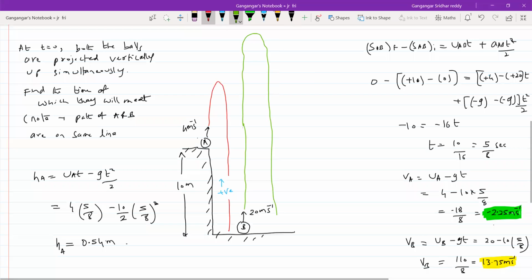Somewhere here, V_A and V_B will be like this. Both are right. So what is that H? That is this H. Able to make it out?